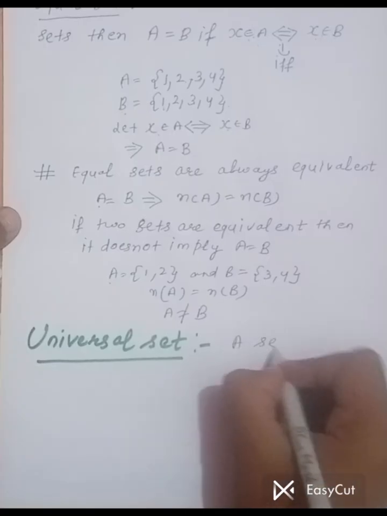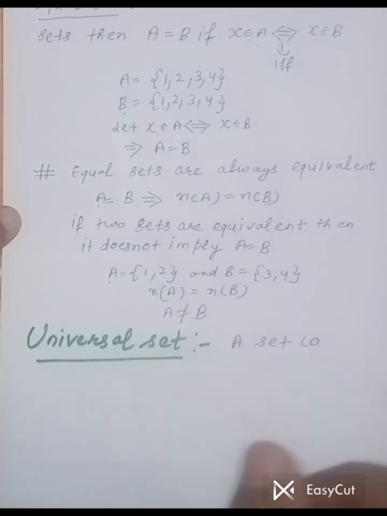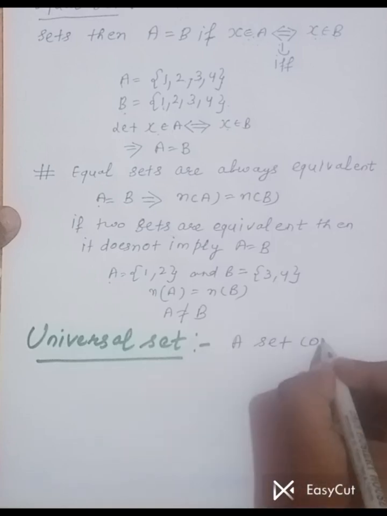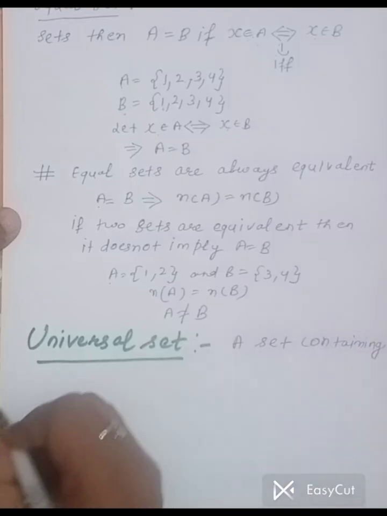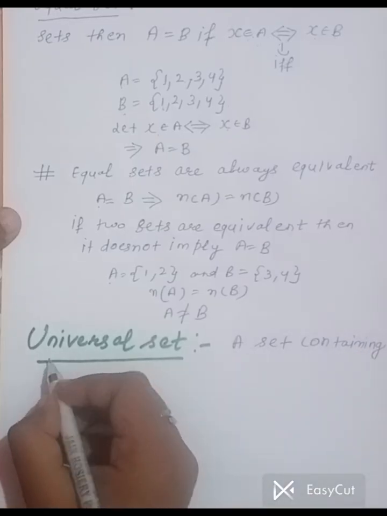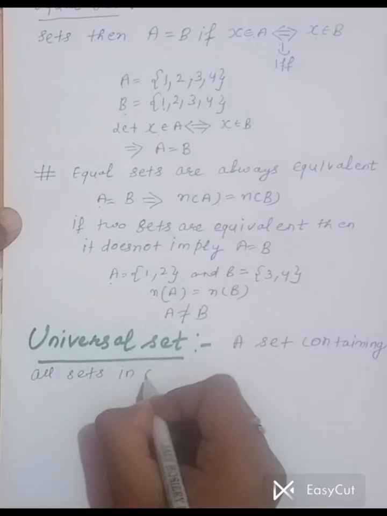A set in which all the other sets are contained. A universal set contains every other set. A set containing all sets in a given context.